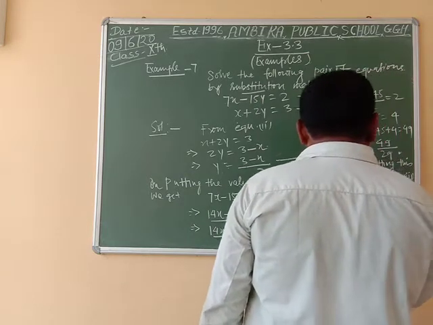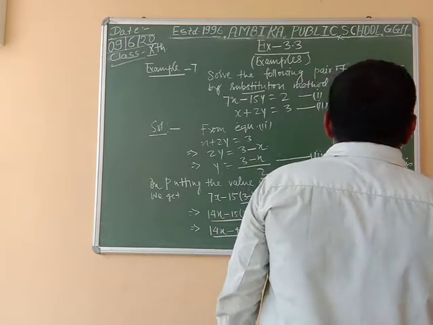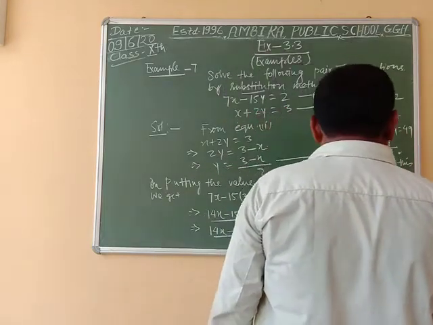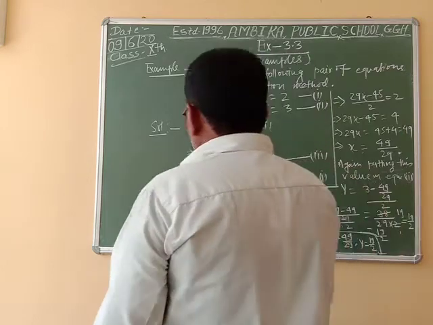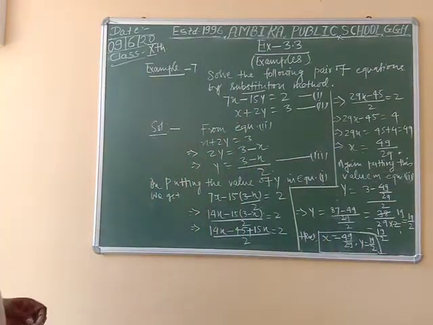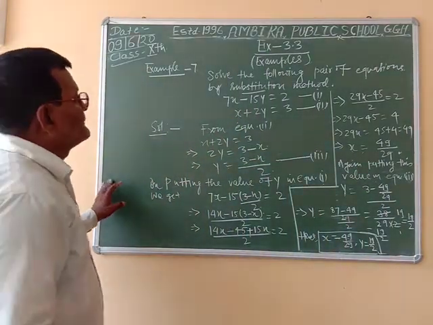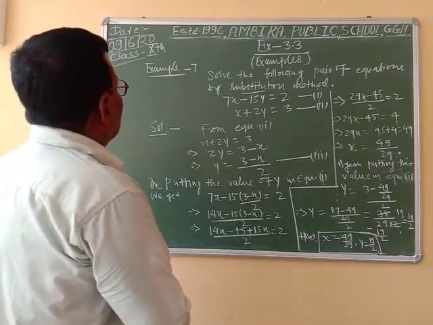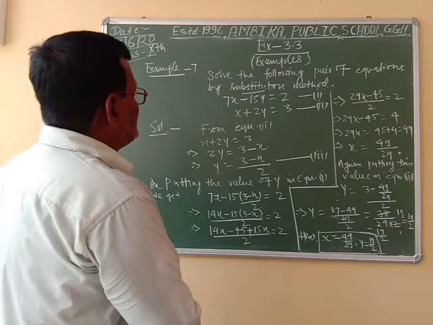Hence, x is equal to 49 by 29 and y is equal to 19 by 2. So, we can solve all equations of exercise 3.3 by substitution method.